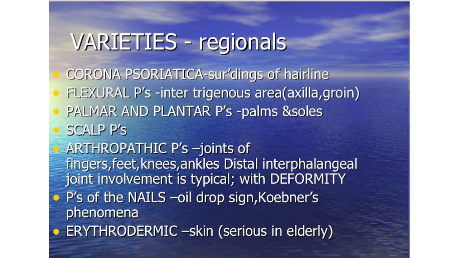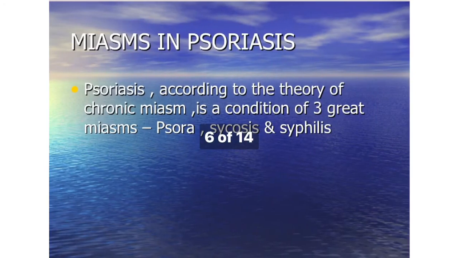Next, changes in the nails: oil drop sign or Koebner phenomenon. Erythrodermic psoriasis, which involves the skin seriously, is seen in the elderly. So that was about the regional and the morphological varieties of psoriasis.